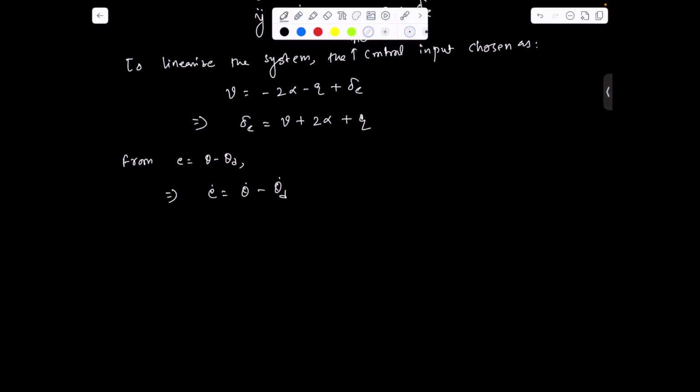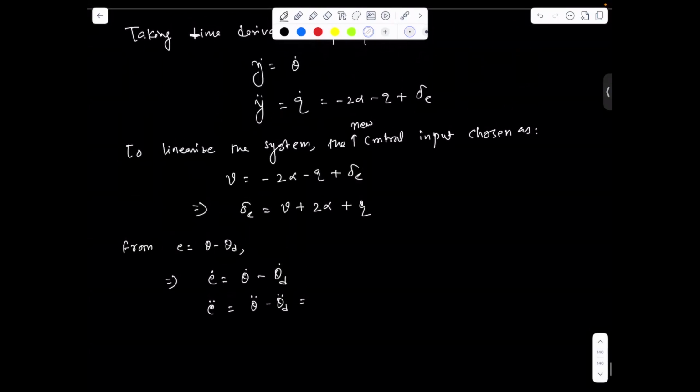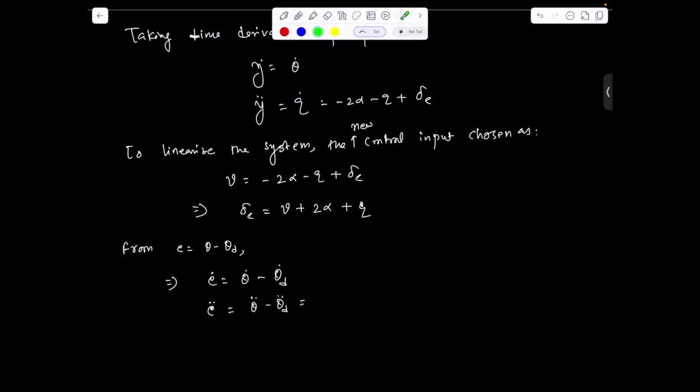If you notice, in this equation there is no control involved, so we have to take the second time derivative. We can write e double dot equal to theta double dot minus theta d double dot. Theta double dot we already have in this expression, so we can write it here.